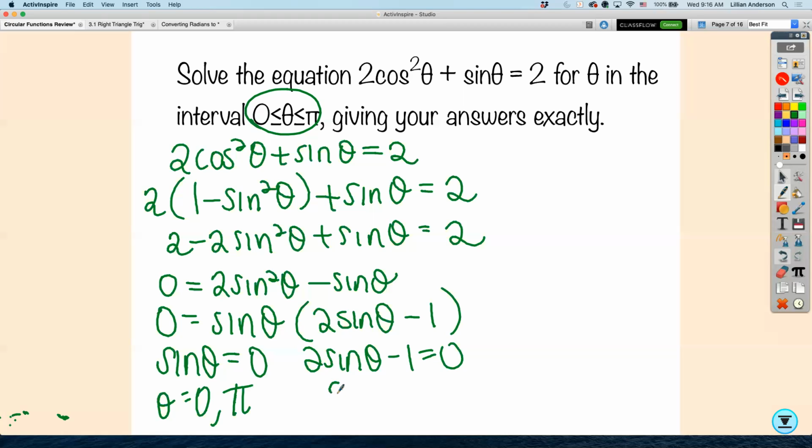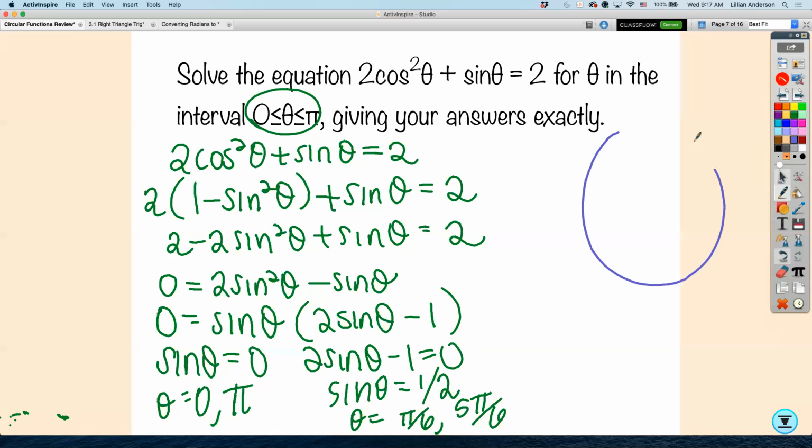Over here, if I do just a little bit of algebra, that's going to be sine theta is equal to 1/2. Where on our unit circle between 0 and pi is sine 1/2? Pi over 6. And 5 pi over 6.